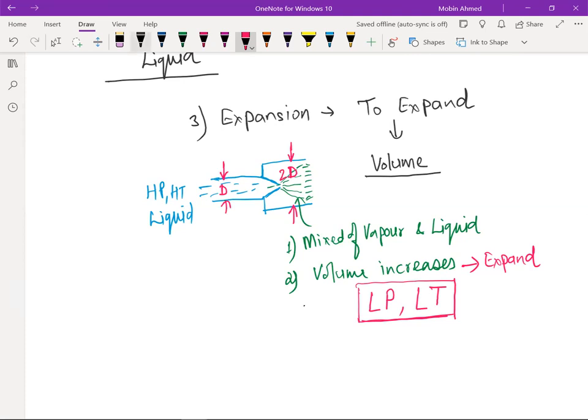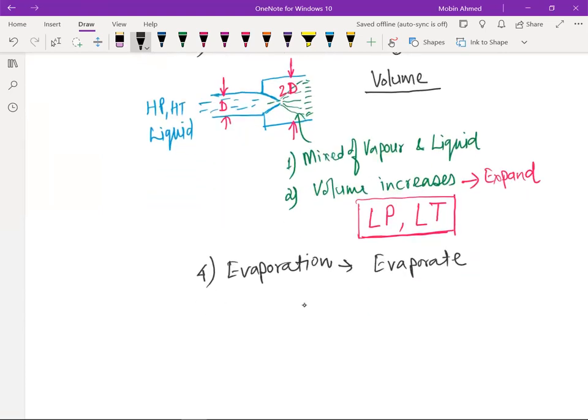Okay. Now, the fourth one is known as evaporation. Now, evaporation means evaporate. What we are going to evaporate now, whatever this LP pressure is there, this is a mixture of vapor and liquid.